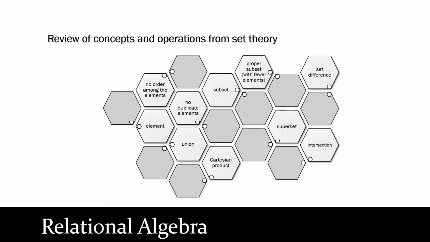In the relational algebra, it is basically taken from set theory. We do have things like union, subset, superset, intersection, Cartesian product, set difference, element, no order among the elements, and proper subset with fewer elements. This whole concept from set theory, we apply in relational algebra.